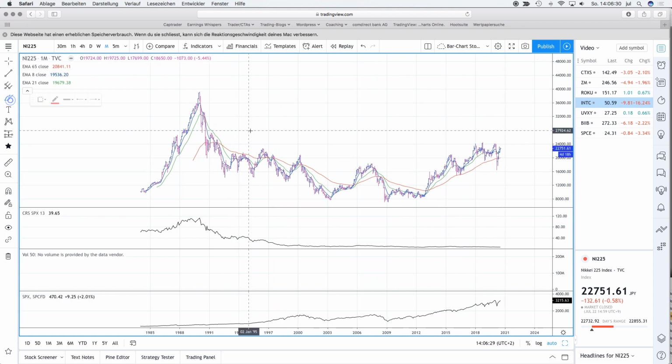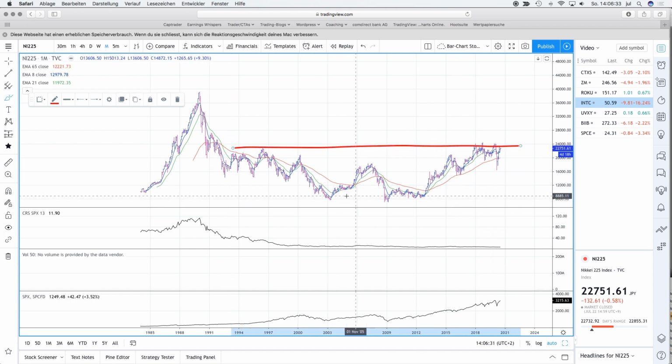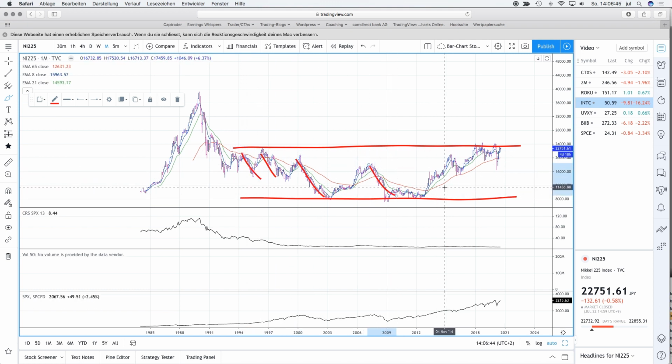So you can see that the market was moving sideways for 25 years. And if you are averaging down on every one of those down moves here, it is very, very difficult to have a big profit on the up moves.